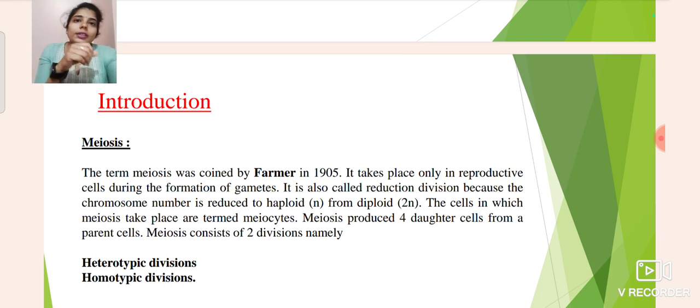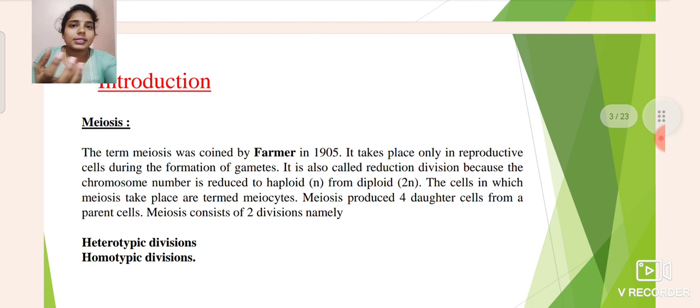In the year 1905, the scientist Farmer coined the term meiosis. This meiosis process takes place only in the reproductive cells during gamete formation, for example, egg cells and sperm cells.